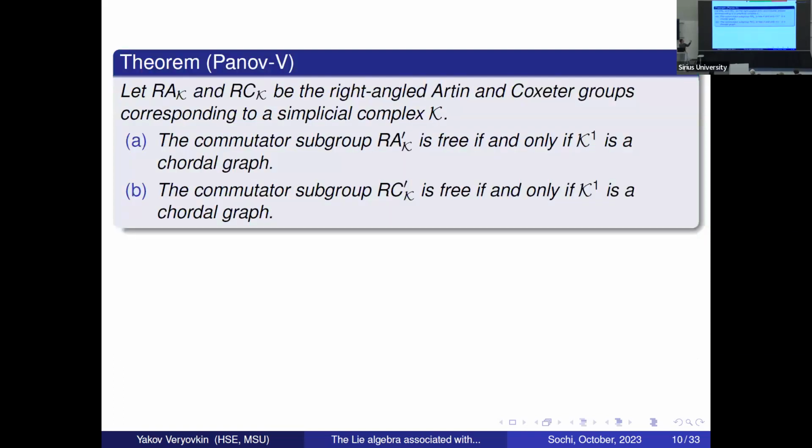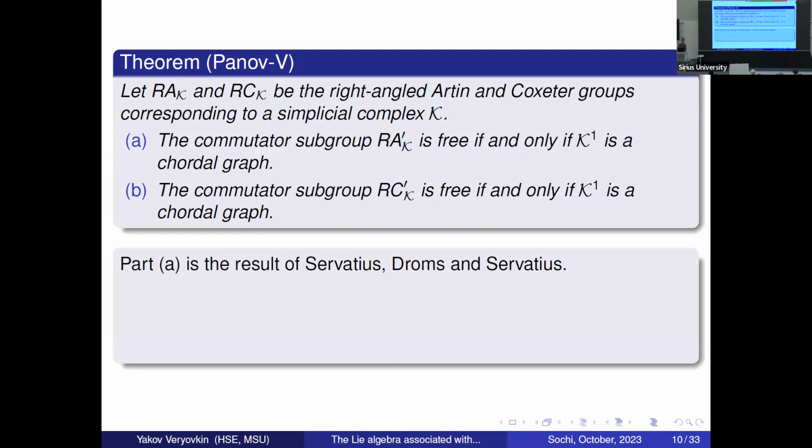First theorem, this is a theorem of Panov-Veryovkin. We have a right-angled Artin group and a right-angled Coxeter group. The commutator subgroup of the right-angled Artin group is free if and only if the one-skeleton of K is a chordal graph, and the commutator subgroup of the right-angled Coxeter group is free if and only if the one-skeleton is a chordal graph. Okay.